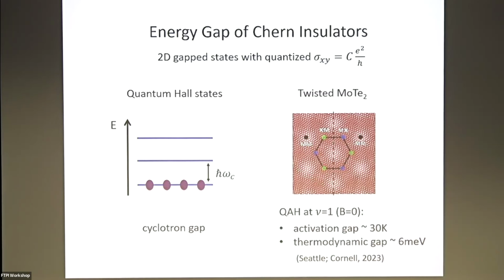For the QAH state at filling factor 1 at zero field, transport measurement showed that the activation gap is around 30 Kelvin. There's also a thermodynamic measurement by Kin Fai Mak and Jie Shan's group at Cornell, and they extracted a gap of 6 millielectron volts. This is actually the largest gap among QAH states at zero magnetic field.